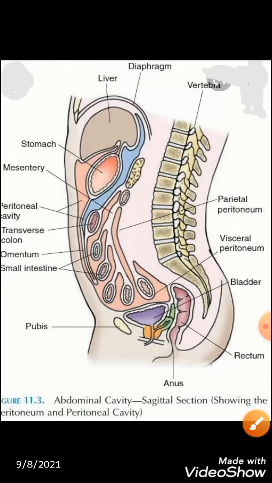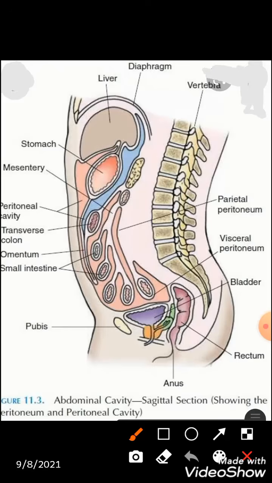Now what we have to learn, we have to see that the part which is present here in between the liver and the stomach is the lesser omentum, and here the greater omentum is being shown, which is attached in between the stomach and the transverse colon, right?